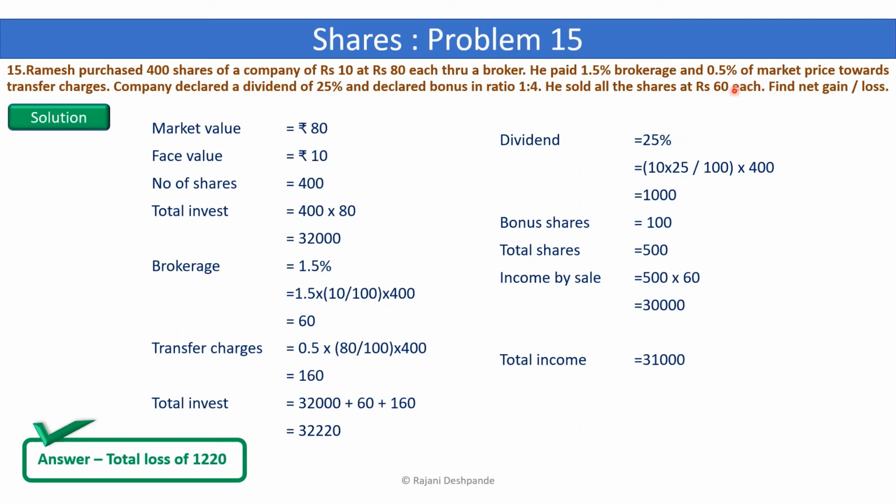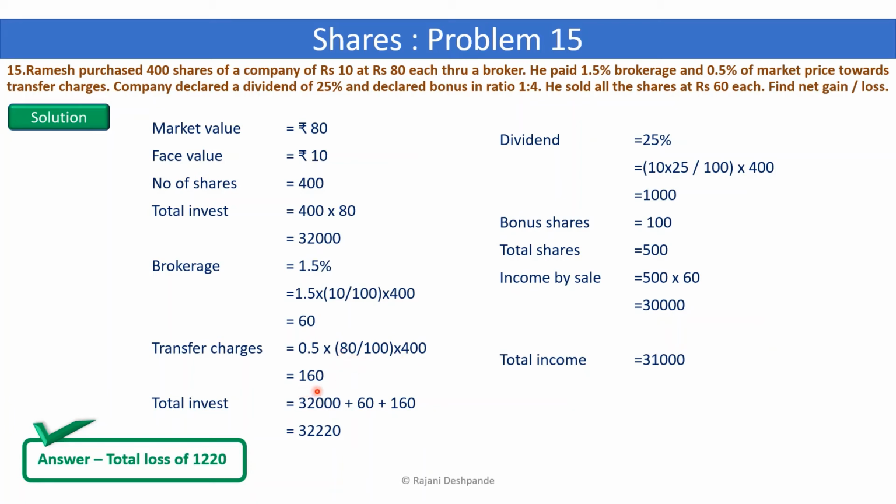Now he also paid 0.5% of market price towards transfer charges. So here the transfer charges he has to pay on the market price, 0.5% of market price. So 0.5 into 80, because market price is 80, upon 100, for all the 400 shares.